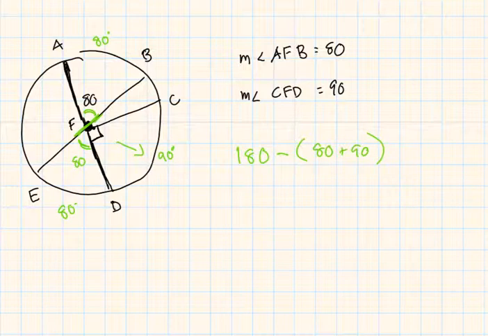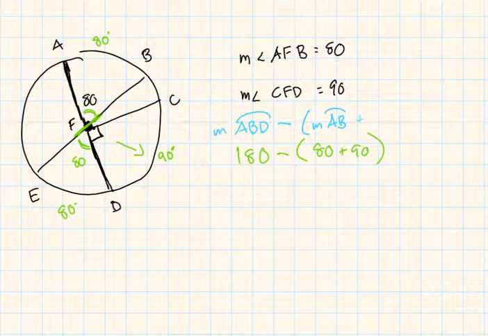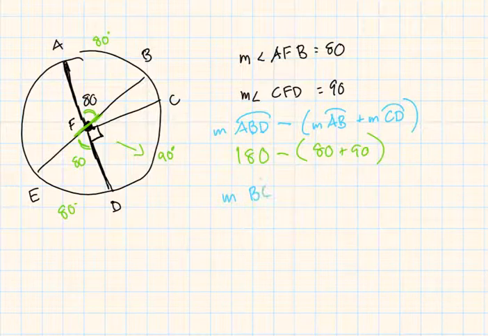So in symbols, for the record, that is the measure of arc ABD, minus the sum of the measure of arc AB plus the measure of arc CD, just so we know which arcs we're adding together and taking away. So that will give me the measure of arc BC, which is going to equal 10 degrees.